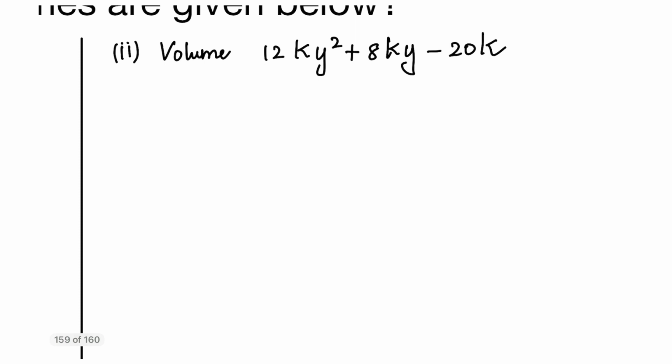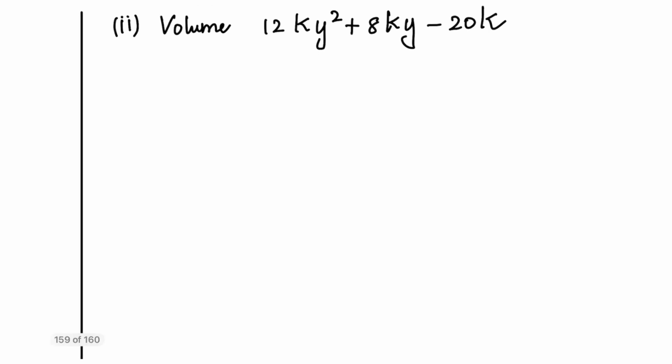Now here we have another polynomial from the same question, 12ky squared plus 8ky minus 20k. Now in these three terms you can see 4 is a common factor for all the coefficients. 4 times 3 is 12, 4 times 2 is 8, and 4 times 5 is 20.